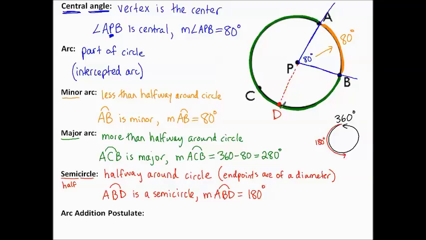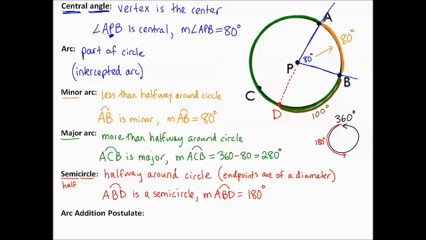Now what if I wanted to know how much arc DB measures? How much would that have to be? Well, from A to D, all of that is a semicircle, so that's 180. What's left over for this little guy right here? Did you think of it? That's right, 100 degrees. Why?